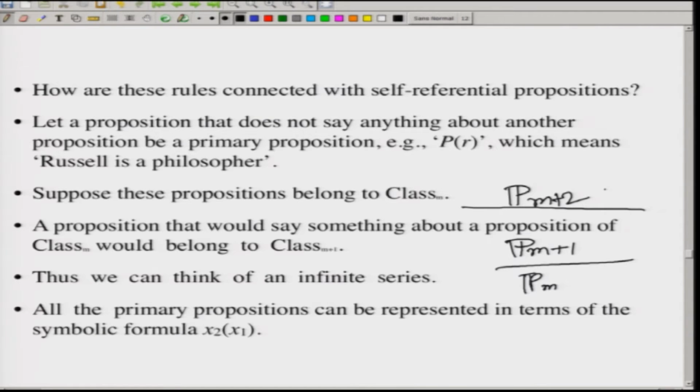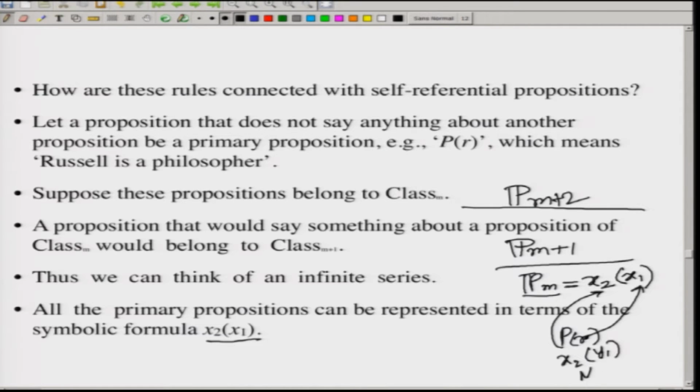All the primary propositions can be represented in terms of the symbolic formula x2 x1. So, what will come under this? It could be P r. You see, P belongs to the second level, r belongs to the first level. Or x2 y1, this also is fine, same level.